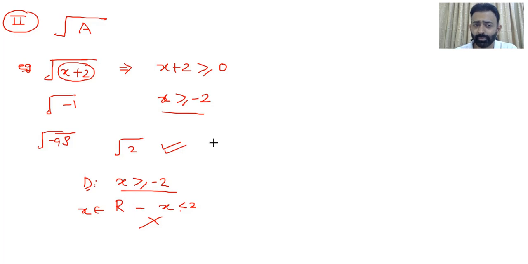Let us take another example. Inside the square root, this time you have x square minus 3x plus 2. Again this is quadratic, so please do not forget the concept.